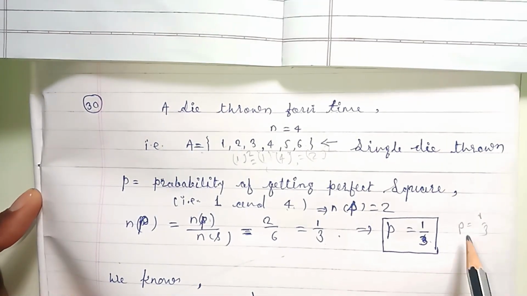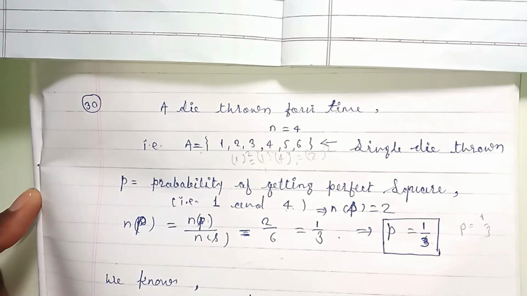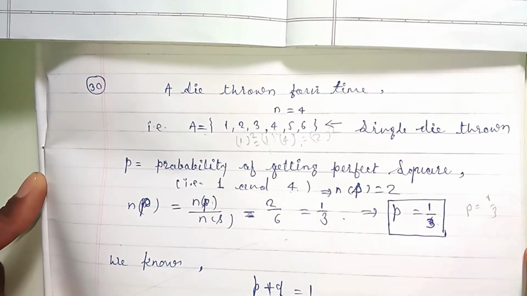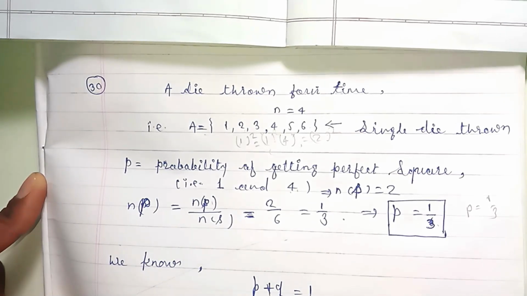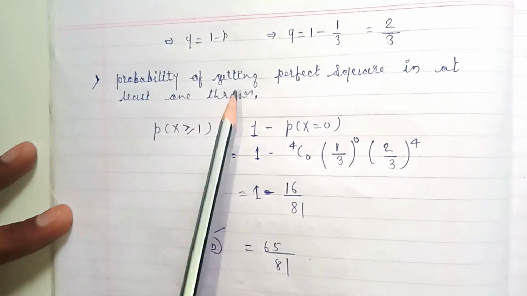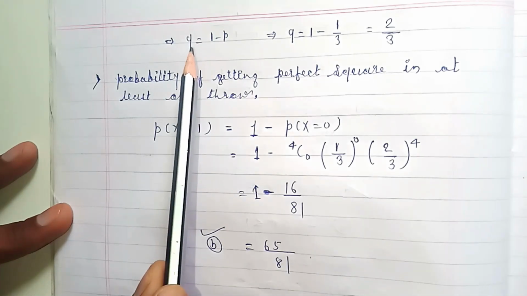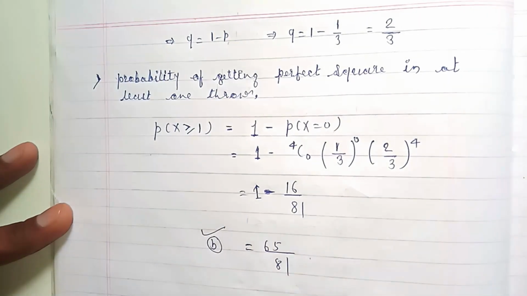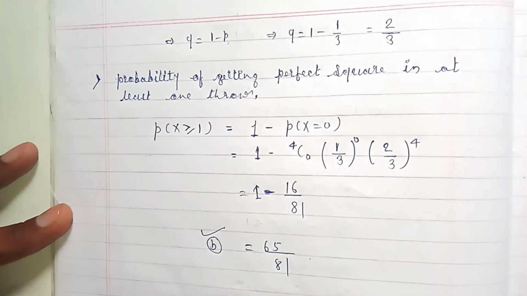Similarly, we know that if we add the two probabilities P and Q, we get the value 1. Since we know the probability of P, we can find the probability of Q. Probability of Q is 1 minus the probability of P, because the addition of all probabilities is only 1.